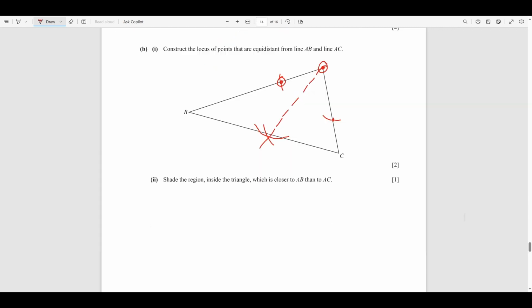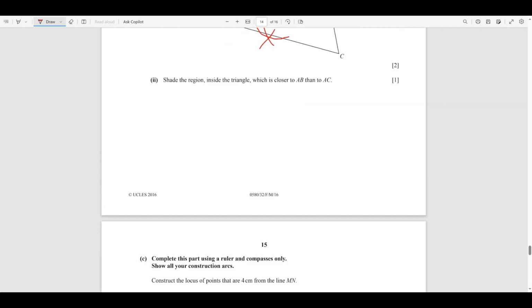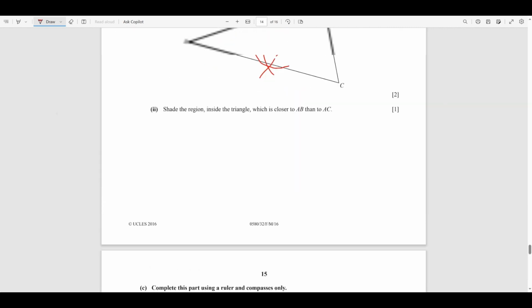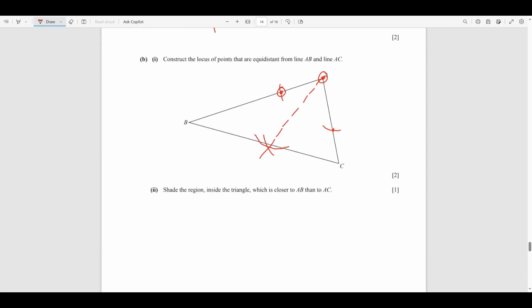Part 2, shade the region inside the triangle which is closer to AB than to AC. Closer to AB is this section, and closer to AC is this section. So we are interested in shading the section which is closer to AB.